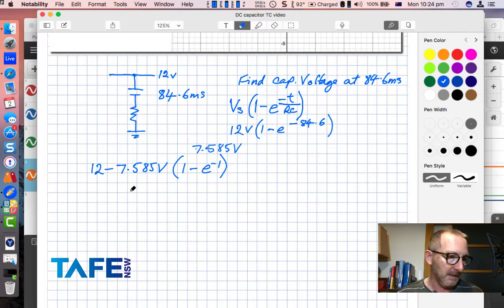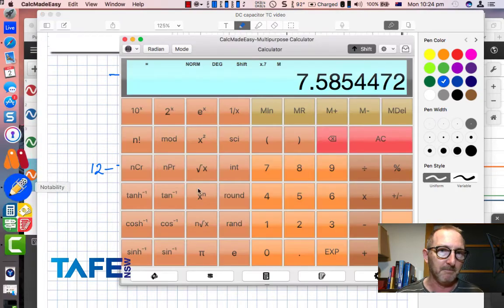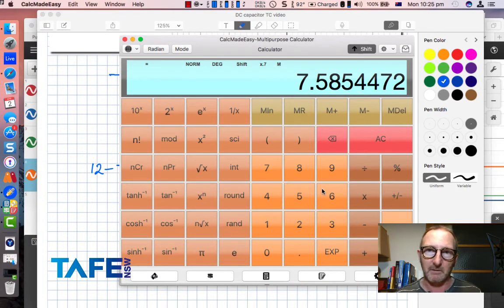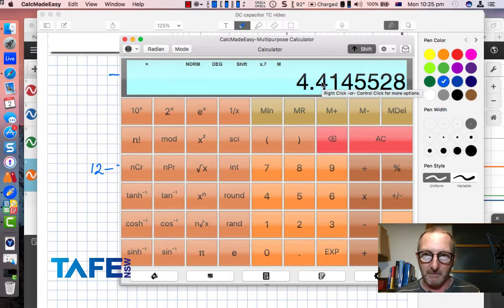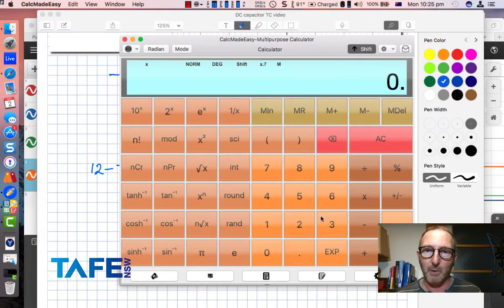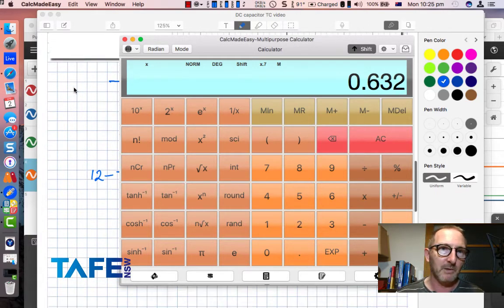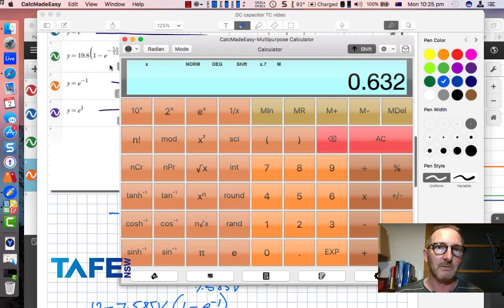So that 12 minus 7.58, let's do that on the calculator. To take all that away from 12, I make that minus and then add 12 to it. So I've got 4.414, and then if I multiply that by 0.632, what is it?